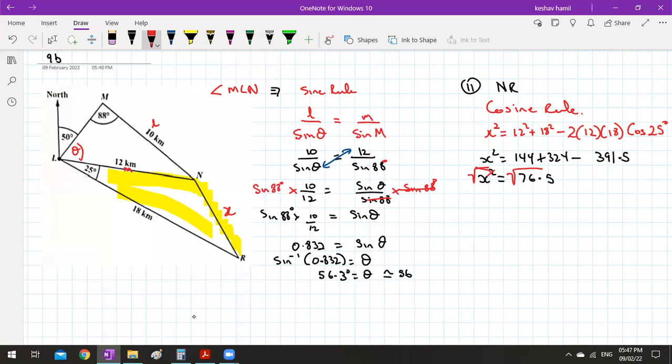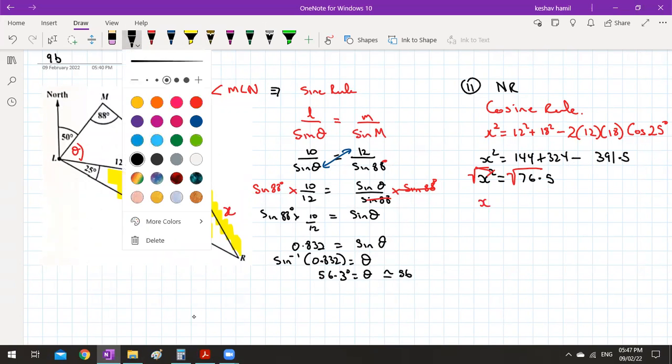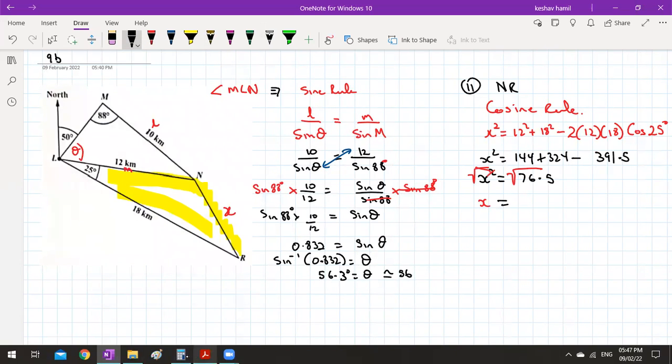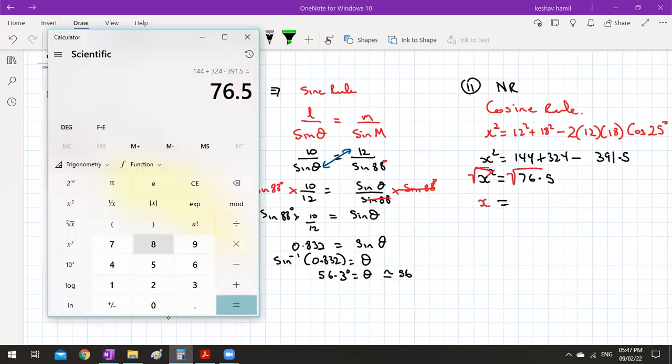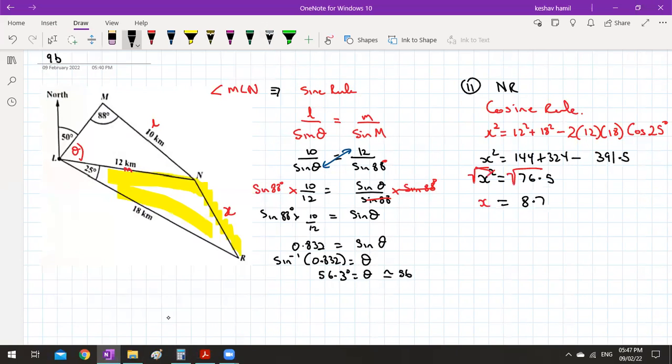This and that will cancel out. So we get x. x is equal to the square root of 76.5. 76.5 square root is 8.7. So that means this value here is 8.7.